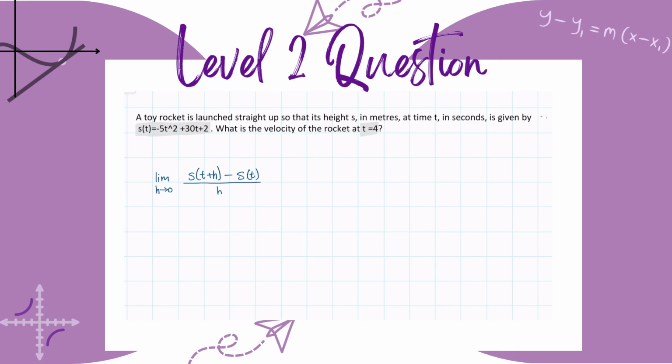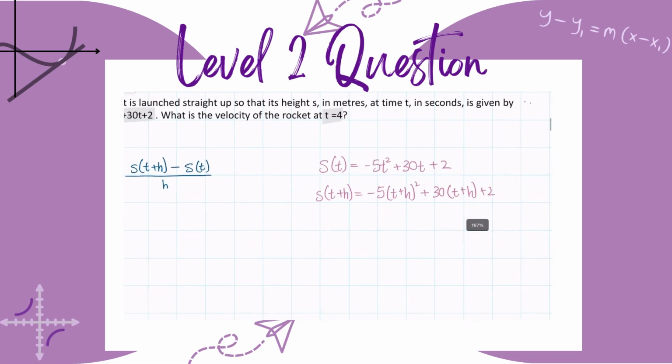Then on the side, I'm just going to simplify both of them. So we have s of t, which is equal to negative 5t squared plus 30t plus 2. And then s of t plus h would then be negative 5(t plus h) squared plus 30(t plus h) plus 2.